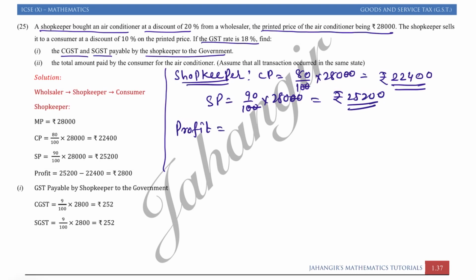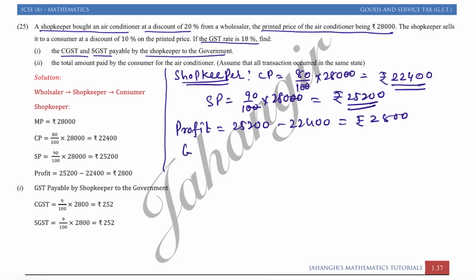So profit is rupees 25,200 minus 22,400, that is equal to rupees, after subtracting you will get rupees 2,800.